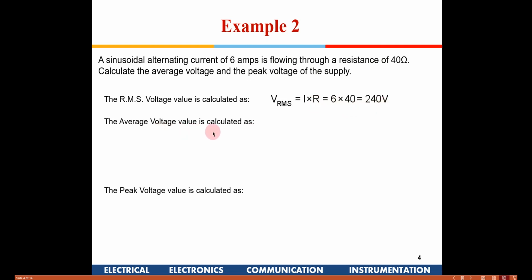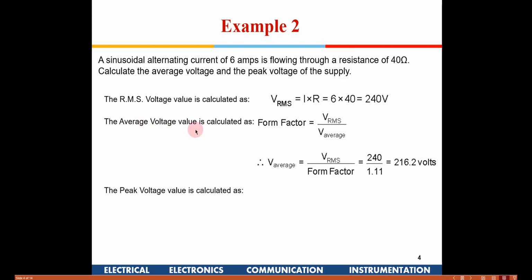And what is the average value and the peak value? Peak value will be this into root 2, because we know RMS value is V peak divided by root 2. So peak value will be the other way around, 240 into root 2.